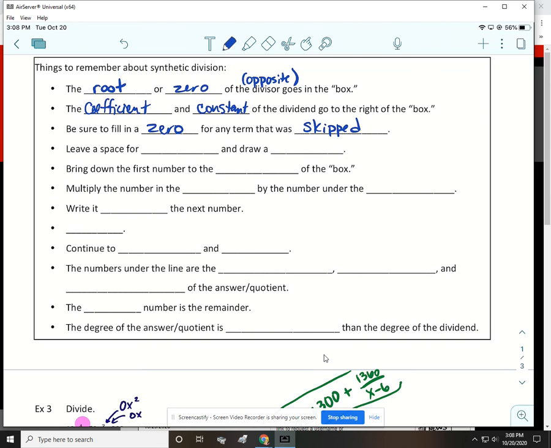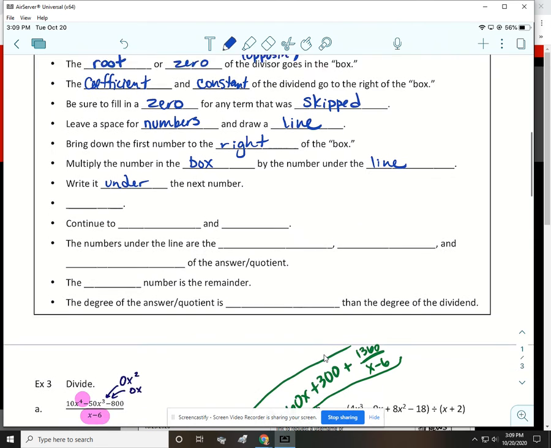All right, you're going to then leave a space for numbers and draw a line. Bring down the first number to the right of the box, and then you're going to multiply the number in the box by the number under the line. And then you write it under the next number.